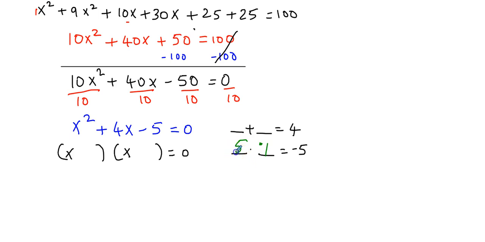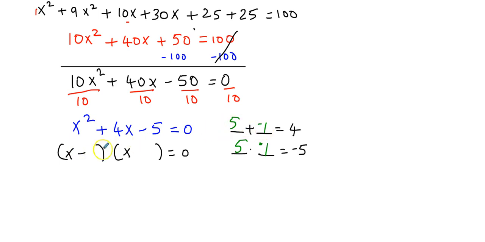That's why 5 times negative 1 gives you negative 5, and 5 plus negative 1 gives you 4. That's why now this changes to what? x plus 5.